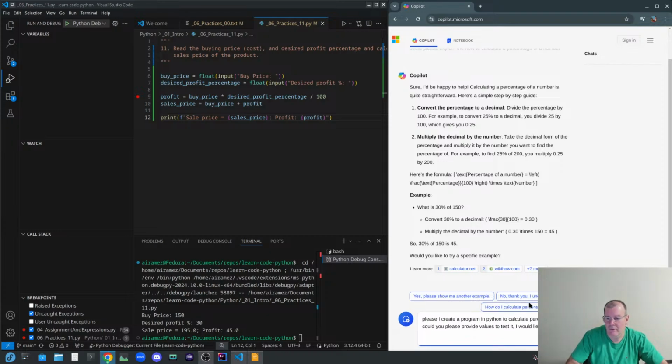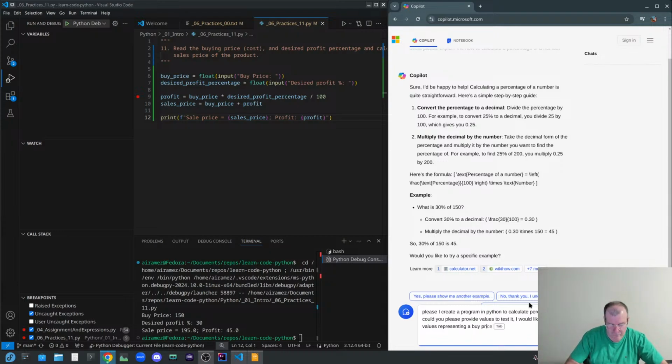I would like a list with values, and you can even be more specific, represent a sales price, a buy price. Let's see where we go here.